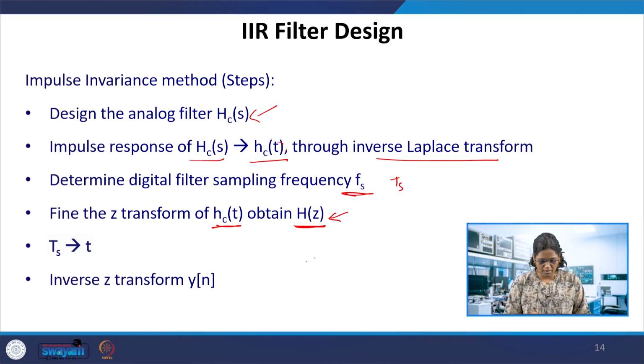This transfer function in the Z domain gives the filter with the coefficients. If you want the time domain equation, y(n) equals minus a1 y(n minus 1) minus a2 y(n minus 2) and so on, up to a_n y(n minus N); that's the difference equation.